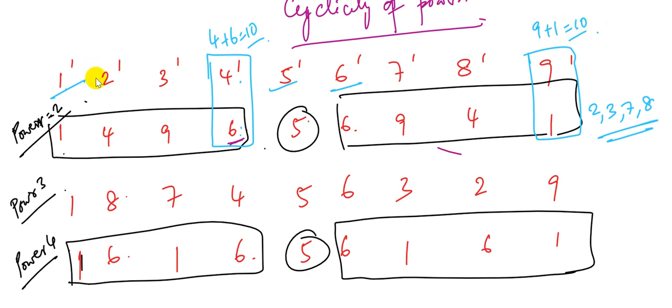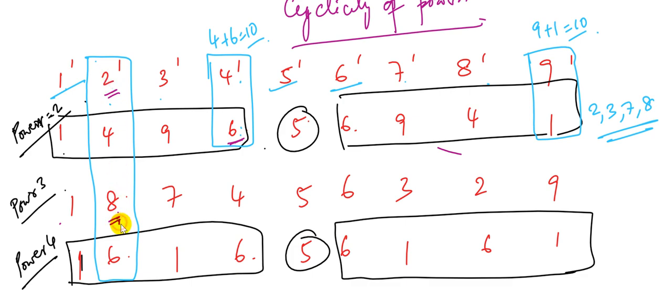Now you go to the other 4 numbers: 2, 3, 7 and 8. 2 has a cyclicity of 4, which is 2, 4, 8, 6, and notice that 2 and 8, which are the last digits of 2 raised to power 1 and power 3, the odd powers, sum to 10.